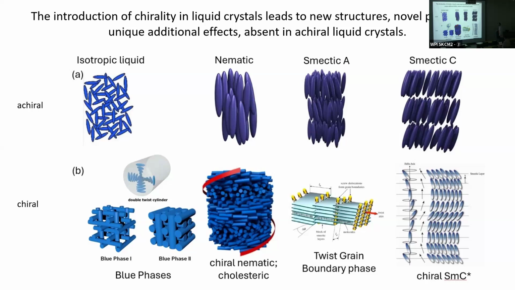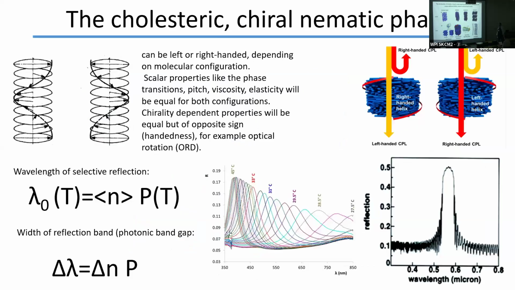And we get to that later. Okay, so let's start with the cholesteric phase, the easiest one. If we make our nematic chiral, we get a chiral nematic or cholesteric phase, and that can be left-handed or right-handed.